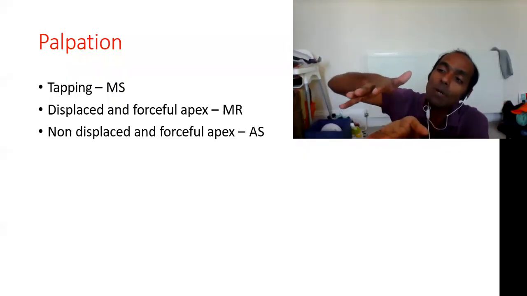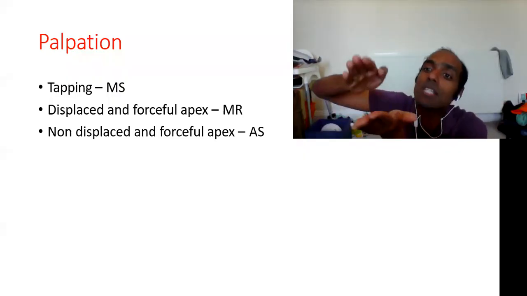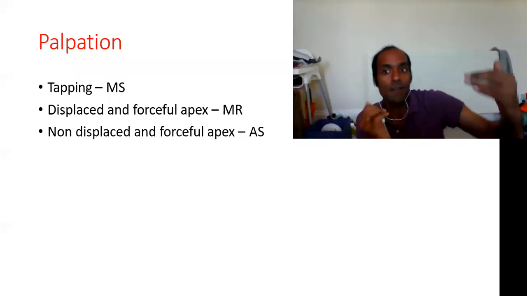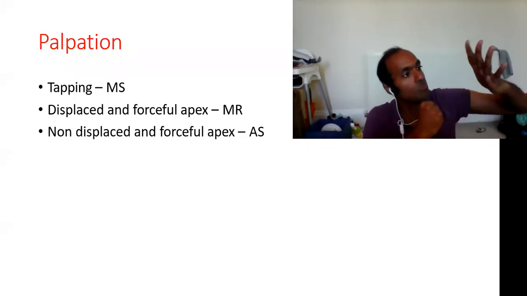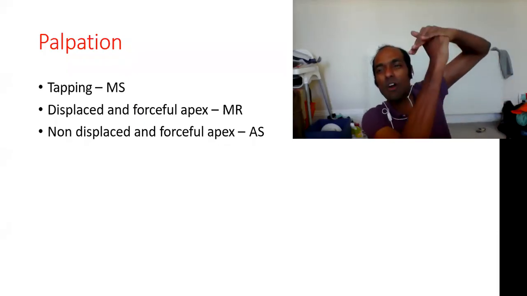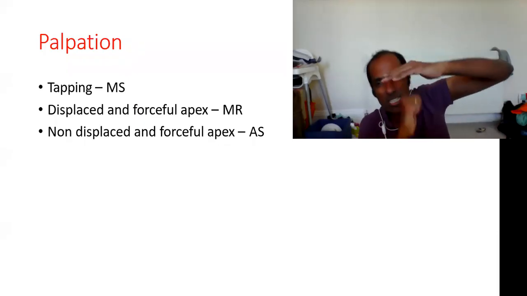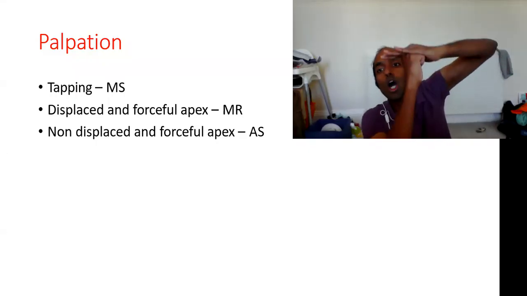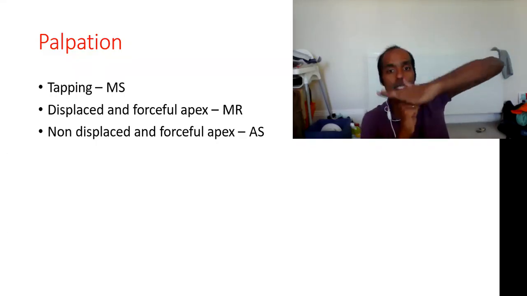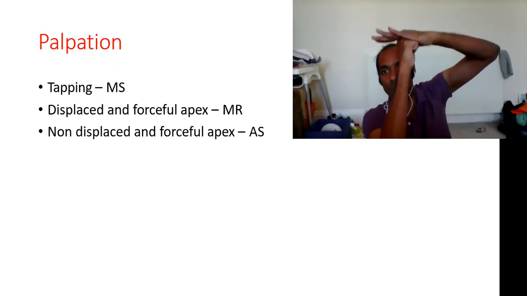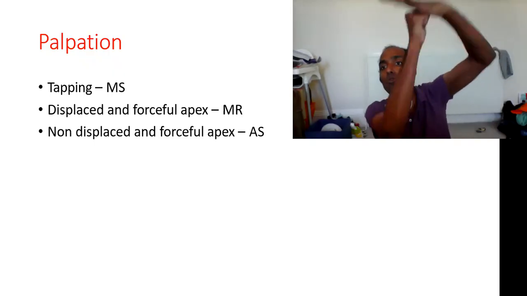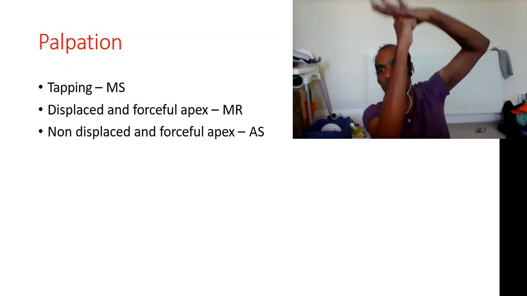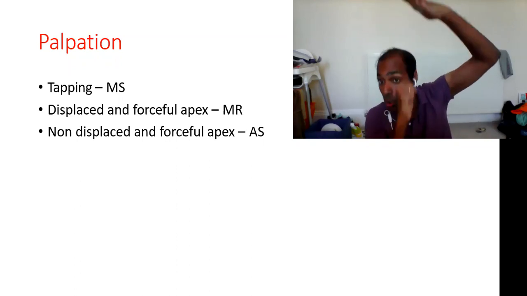But basically what happens is the left ventricle becomes hypertrophied, and then very forceful. Remember, if you're trying to lift a major weight, there is a lot of resistance across the valve. It causes a heaving apex. Thrusting apex is volume overload. Heaving apex is pressure overload.